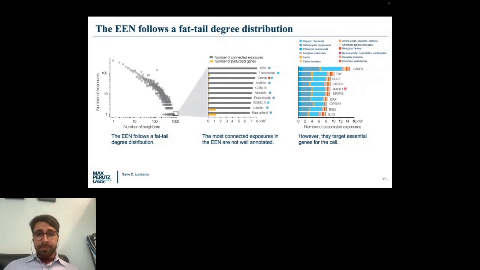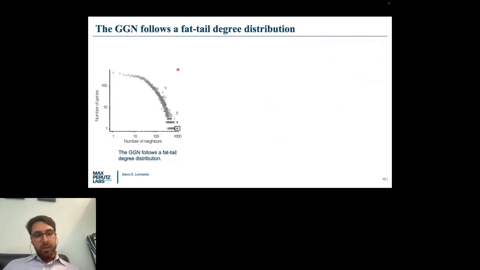This means that it's likely that these exposures were understudied, and if they perturb one of these genes, it's very likely that they will perturb way more genes, impacting cell survival and cell functioning. On the other side of this bipartite graph, there is the gene-gene network, and this gene-gene network also follows a sort of fat-tail degree distribution, where we have very few genes that are well connected in this network.